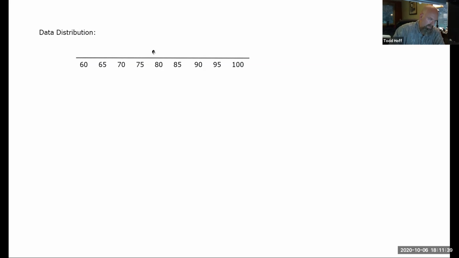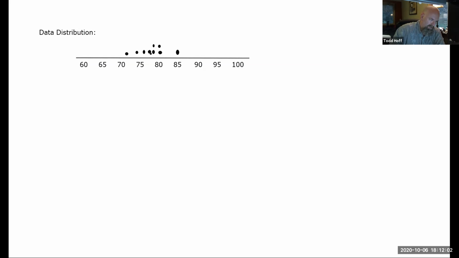So put a dot above 79 to represent their score. Second student's an 85. So put a dot there. Maybe a 74. Another 79. There's already a dot there, so we stack them up. And an 80. 71. And we keep putting these dots on here to represent the scores of our students.